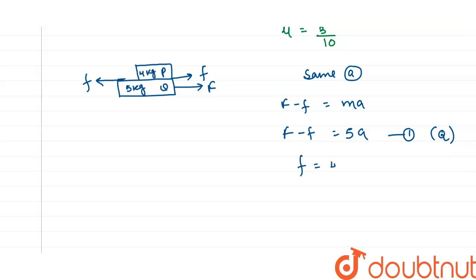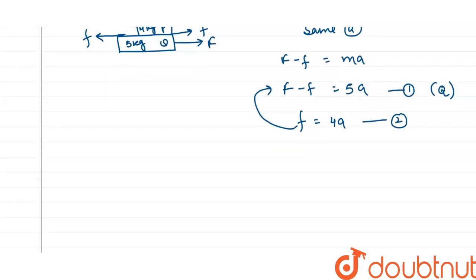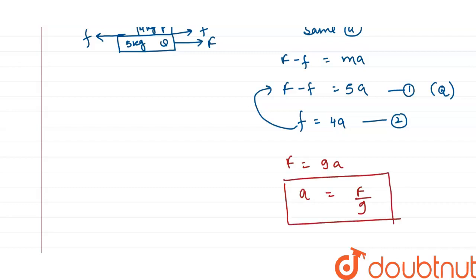Putting the value of f in the first equation, the force F comes out to be 5A plus 4A, that is 9A, and from here A comes out to be F by 9. This is the acceleration which is the same for block P as well as Q because they are not slipping on each other.